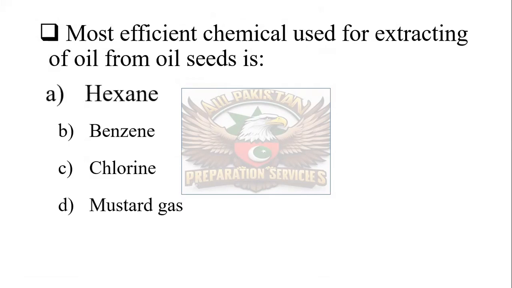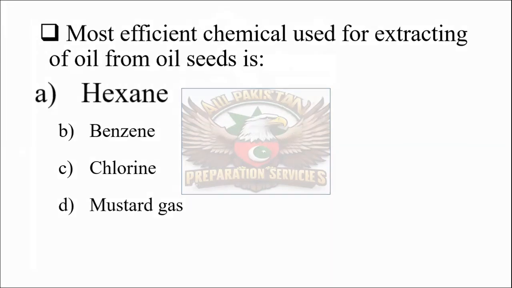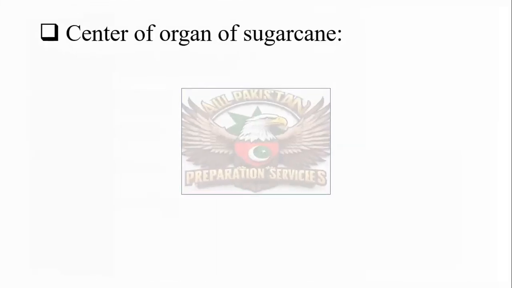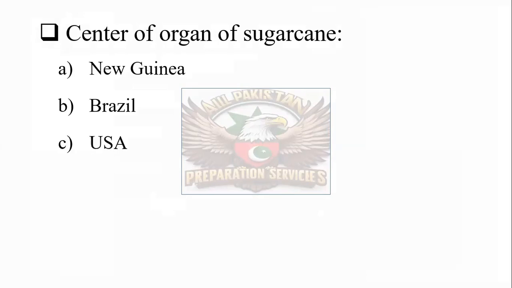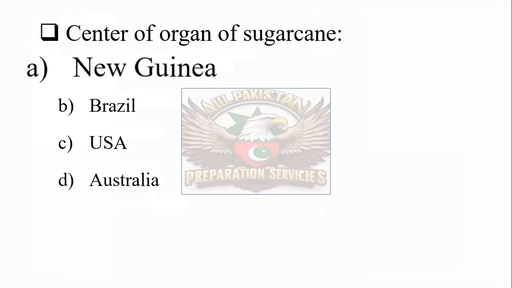The correct one is hexane. Center of origin of sugarcane is New Guinea, Brazil, USA, or Australia? The correct one is New Guinea.